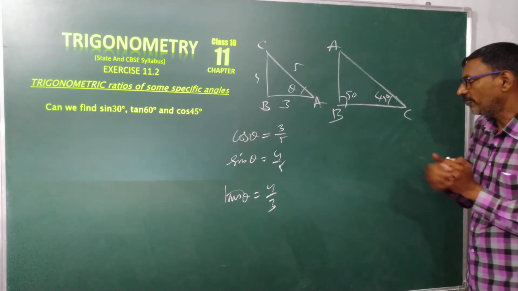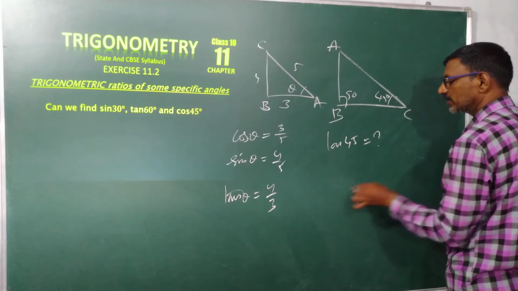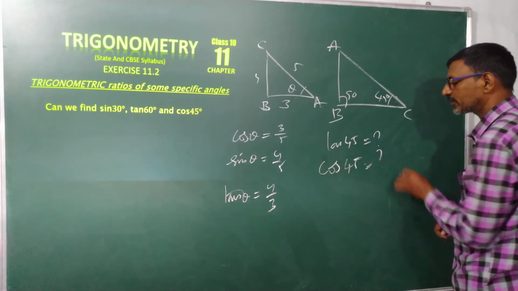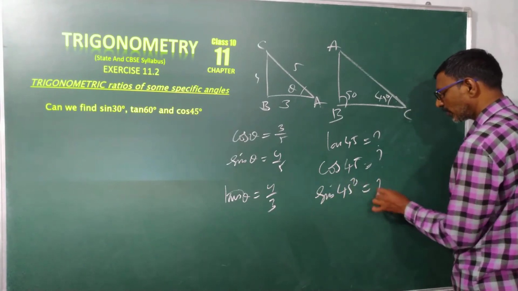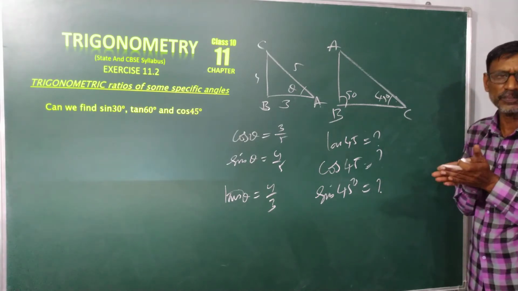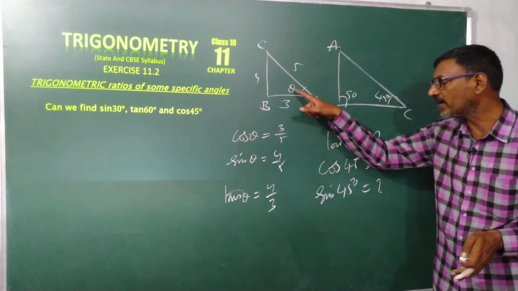Understand my point? When we take tan 45, what is its value? What is cos 45 degrees? What is its ratio? Sin 45 degrees, what is its ratio? The simplest ratio, I told you so many times. The ratio is in its simplest form. This is the least ratio according to this angle.